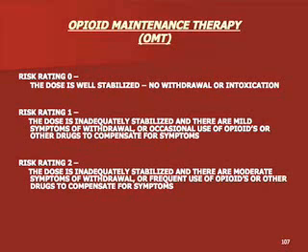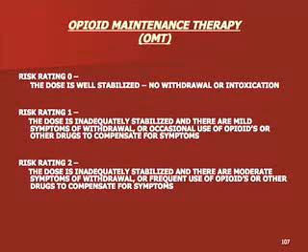If we're looking at a risk rating of 0, the dose is well stabilized, there's no withdrawal or intoxication. Does that make sense? 0. 1 is inadequately stabilized and there are mild symptoms of withdrawal or occasional use of the opiates or other drugs to compensate for the symptoms.